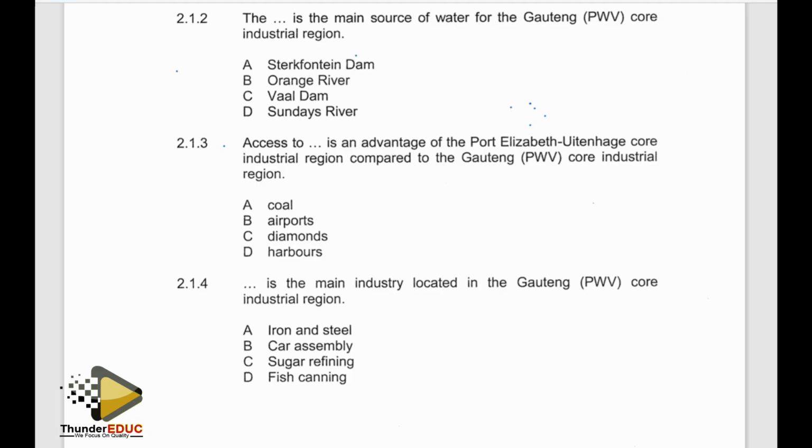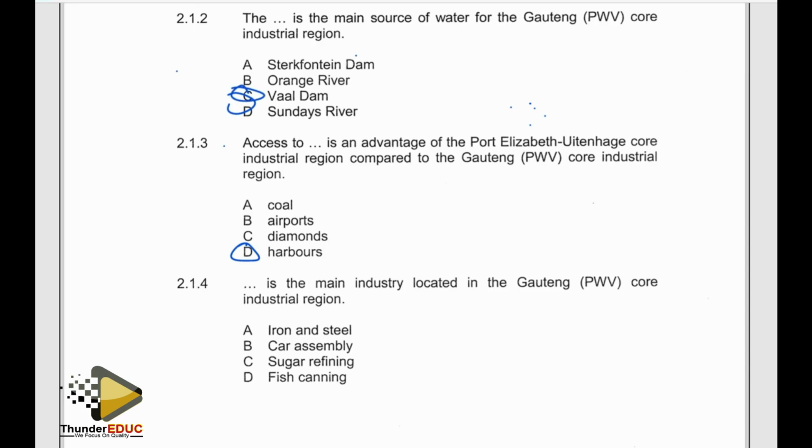Port Elizabeth Uitenhage has good access to the harbors, while Gauteng, remember, is inland and does not have direct access to the harbor. So the harbors is an advantage that Port Elizabeth Uitenhage has over Gauteng PVW. So for this one, the response is D. And here the response is C.